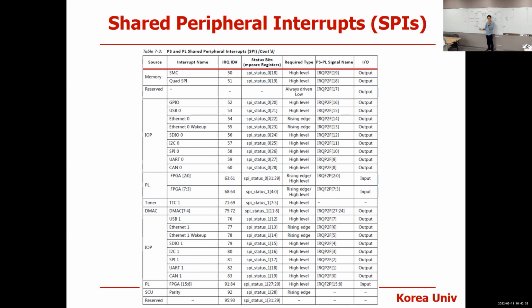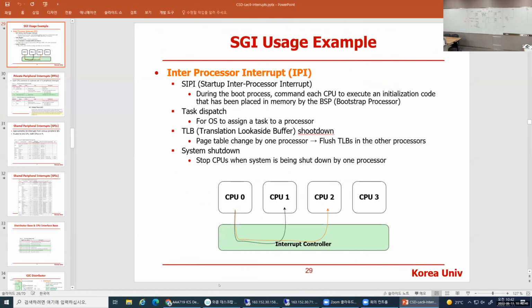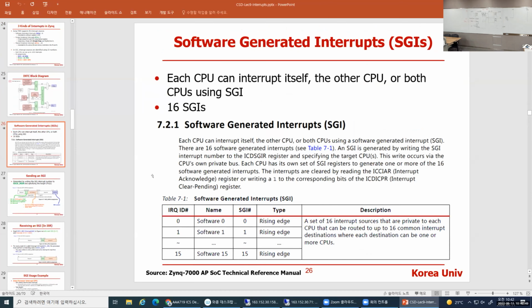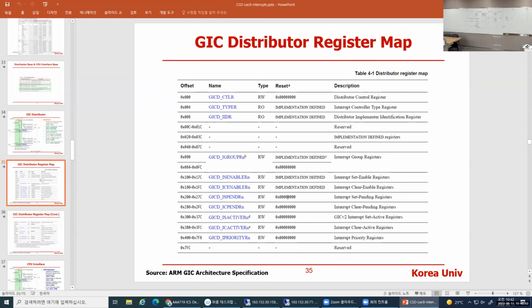Then the thing is, each register is 32-bit, 4 bytes inside. I'll show you this map. This is the distributor register map.